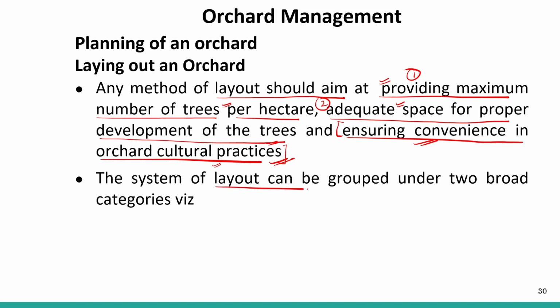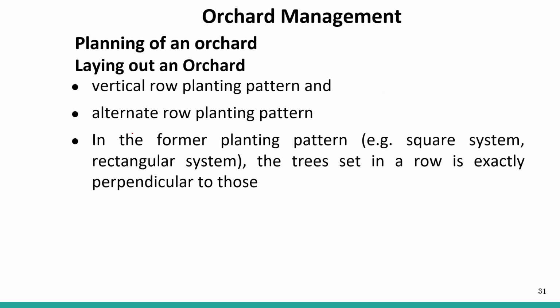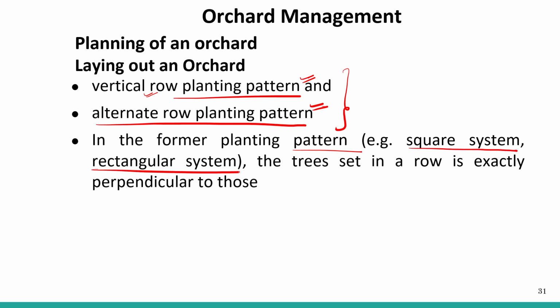The system of layout can be grouped under two broad categories. What are those categories? Vertical row planting pattern and alternate row planting pattern. In the first slide, we already showed that there are two types of laying out an orchard. In the former planting pattern, that is the vertical row planting pattern, the square system and the rectangular system, the trees set in a row are exactly perpendicular to those.